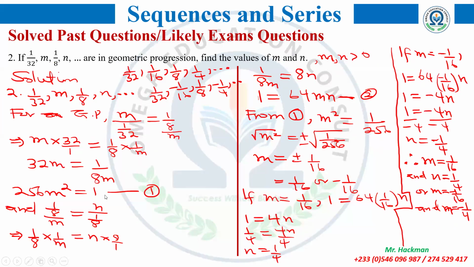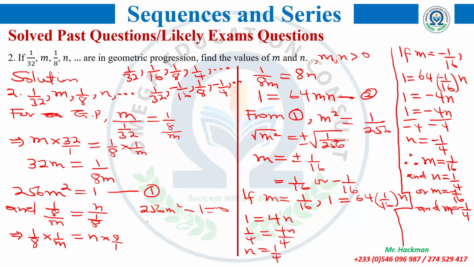Okay, so at this point, remember I told you, you can also see this as a quadratic equation and you can solve by factorization. So you can write 256 M squared minus 1 is equal to 0. So that you see this to be a difference of 2 squares.